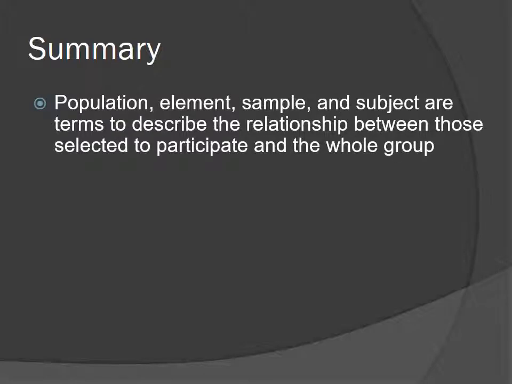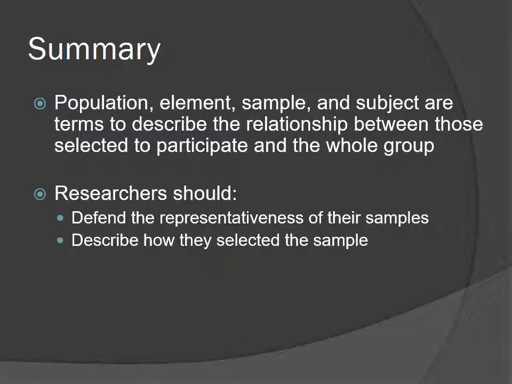To summarize, we looked at the different statistics terms. You're going to see sample and subject or respondent most often. You need to make sure you have a representative sample, and you need to question the representativeness of samples from studies that you read.